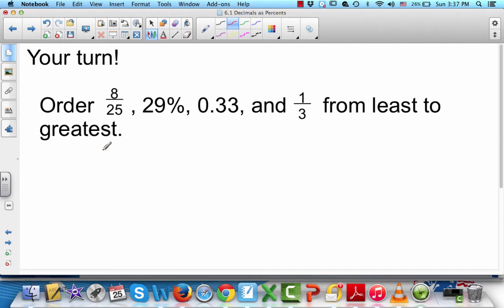So we got 8 over 25. We go 8 divided by 25. We go 25 goes into 80 3 times. 3 times 25 is 75 with 5 left over, and 25 goes into 50 2 times.